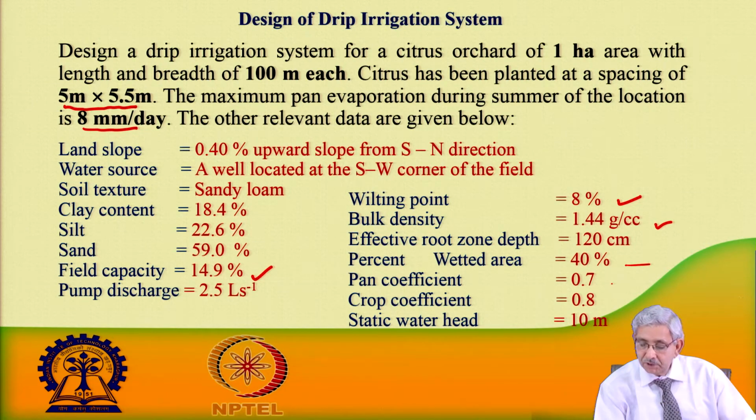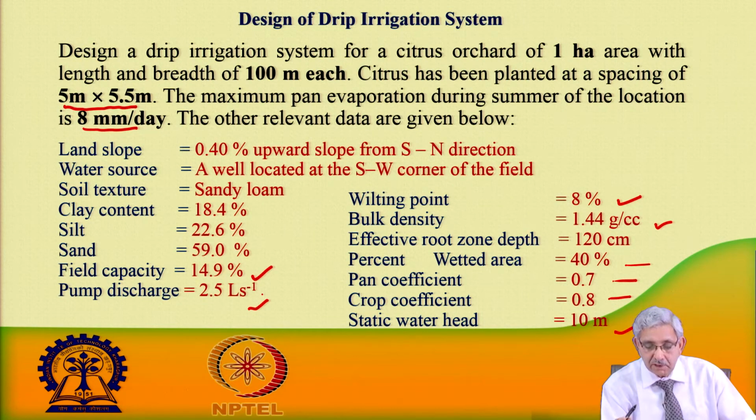The pan coefficient is 0.7, crop coefficient 0.8, static water head is 10 meter, and pump discharge is 2.5 liter per second.